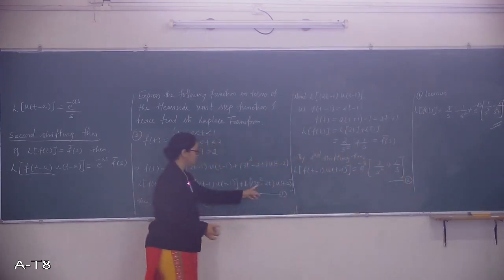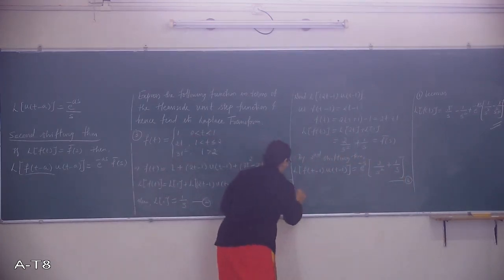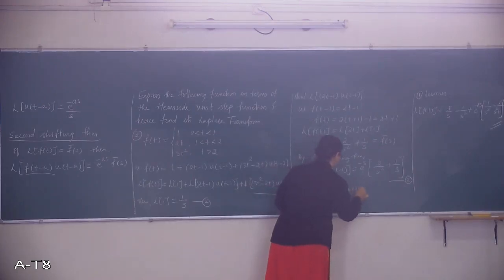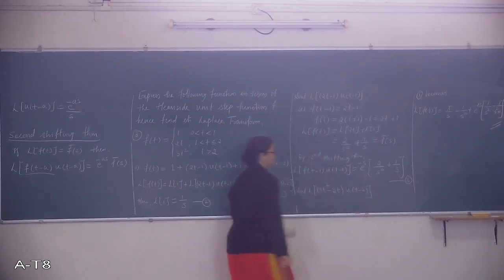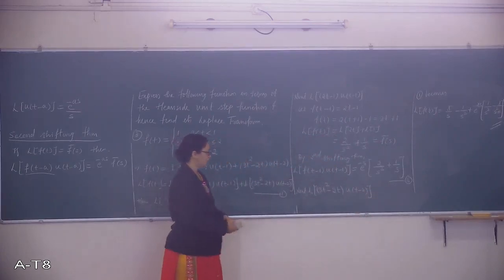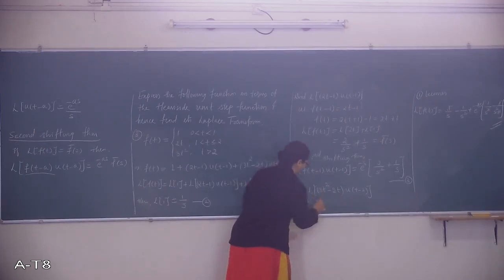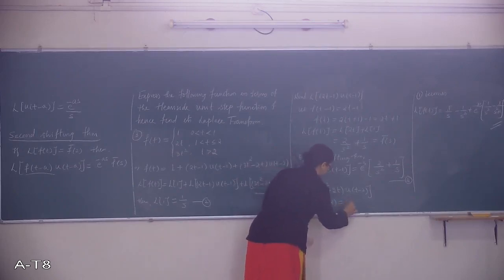Now go for the next one. Next we have the Laplace transform of 3t square minus 2t into u of t minus 2. Here we let f of t minus 2 be 3t square minus 2t.